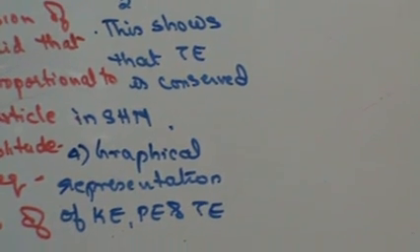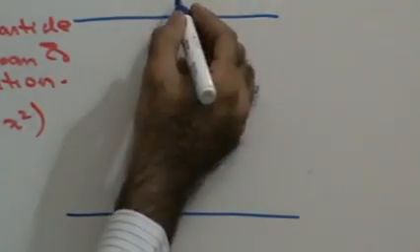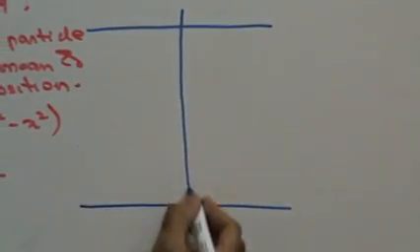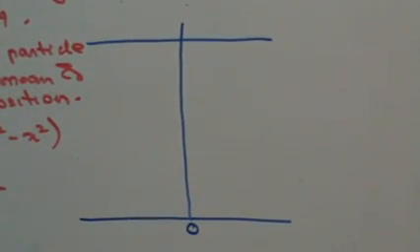Let's start. Now, energy will vary between a minimum and maximum value. Let's consider this to be my mean position O, right? Now, first let's draw the graph for, say, kinetic energy, right?